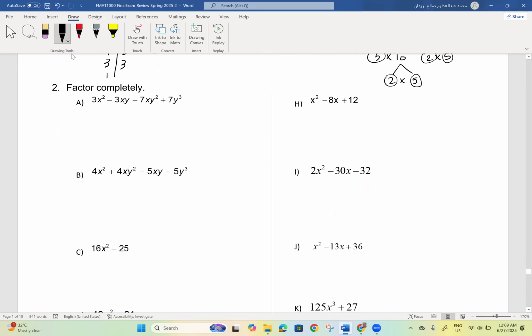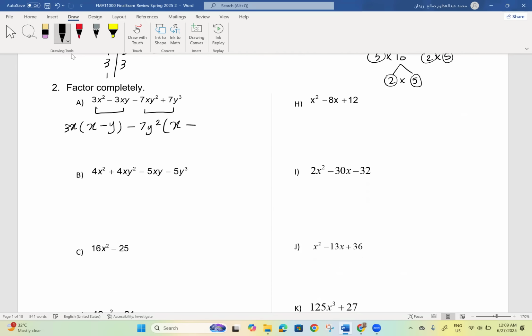Factor completely. First of all, you make a group of the first two terms and the next two terms, and take the highest common factor of each group by writing 3x here. The remaining part is x minus y, since 3xy divided by 3x is y. And then you can take minus 7y squared as a common factor. Negative 7 over negative 7 is 1. xy squared over y squared is x.